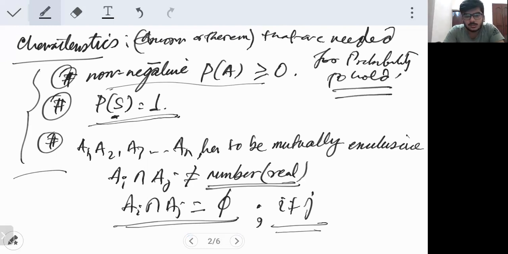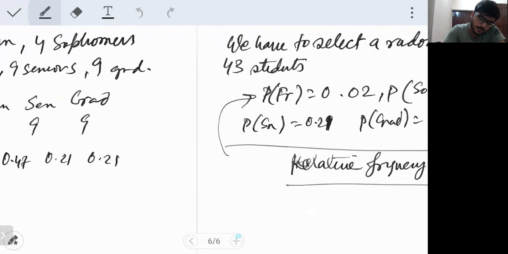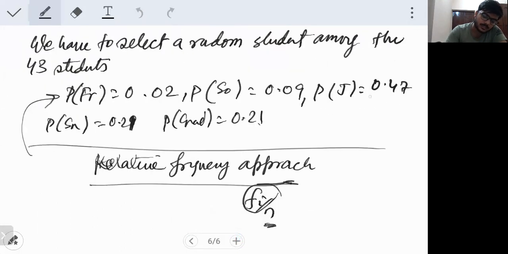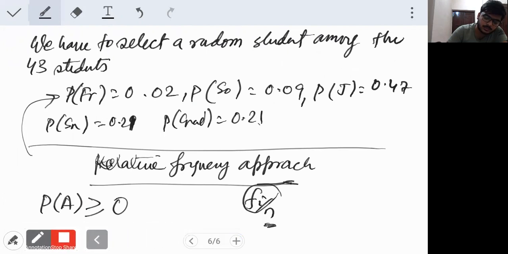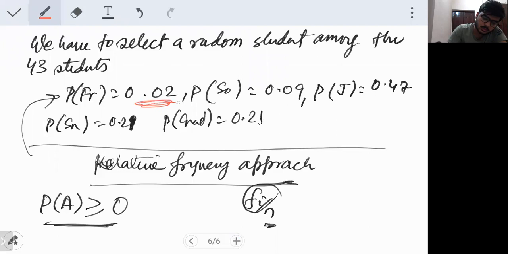The first is that the probability has to be non-negative. So from here, can we conclude that the probability of each event is greater than or equal to 0, right? If we take it individually, you can see it's 0.02, 0.09, 0.47, 0.21, 0.21, and all of them are greater than or equal to 0.